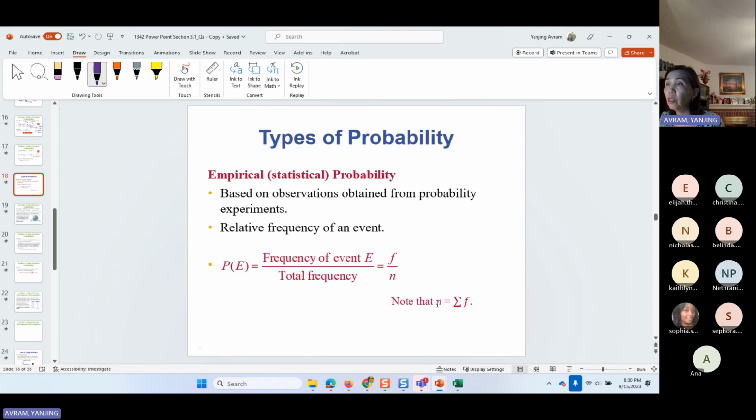The total frequency n is also equal to the sum of the frequencies. So this is called the total, or in our word earlier, the sample space. We just learned a new word called sample space. So the sample space is the total of whatever you have here.